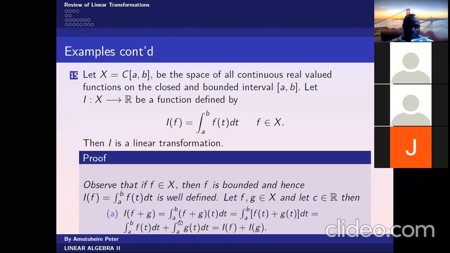That means this one will also be I of g. So property 1 is satisfied. Next we check property 2, but I don't have property 2 on my slide, but you can follow it from the notes.